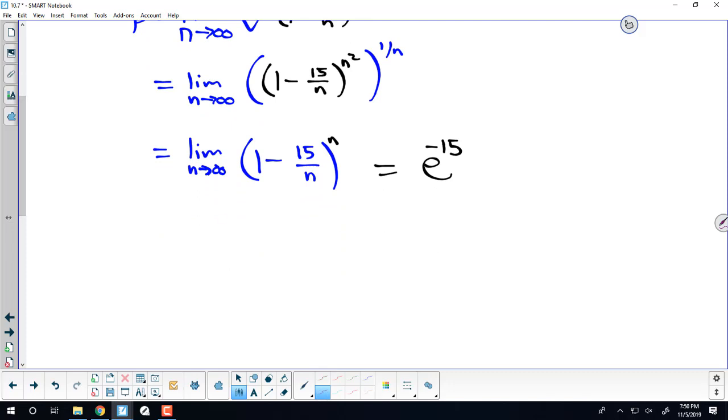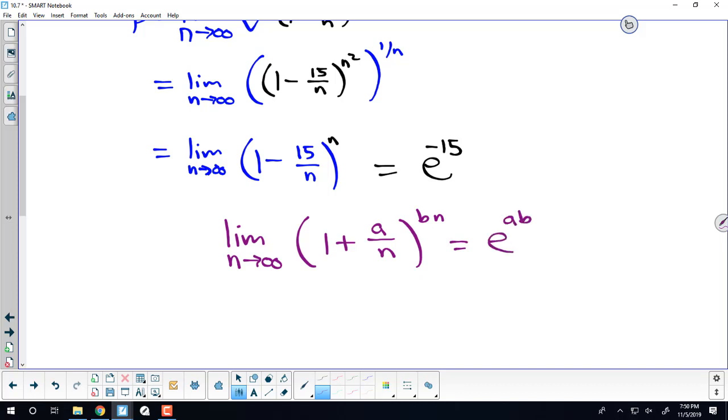And maybe it's worth writing this limit again. We proved that in class. But that's what we're basing that off of. A is negative 15 and B is 1. So it's e to the negative 15. e to the negative 15 as the root. The root is e to the negative 15, which is less than 1.